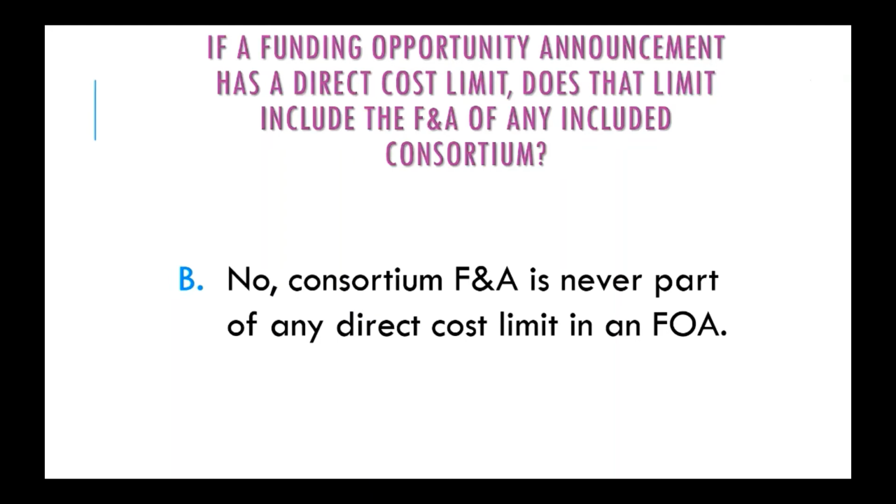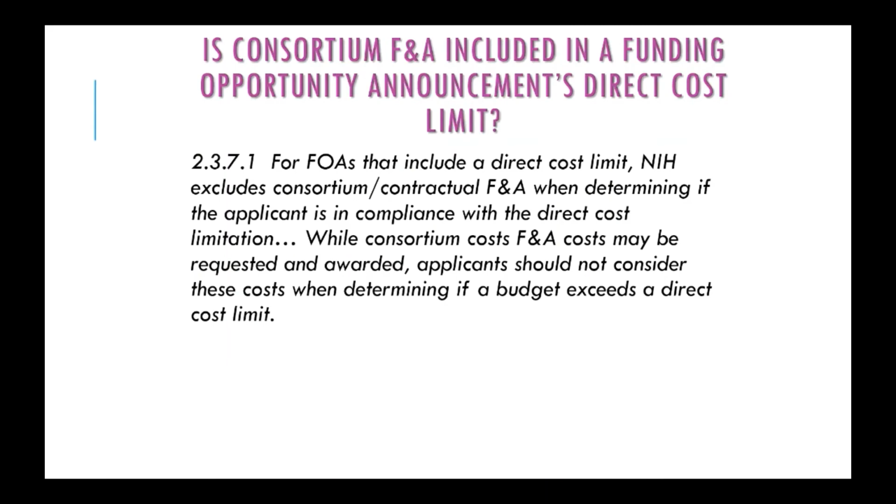Now, could you go to the next slide and I'll show you the policy that's identified in 2.3.7.1. There it is. Applicants should not consider these costs when determining if a budget exceeds a direct cost limit.